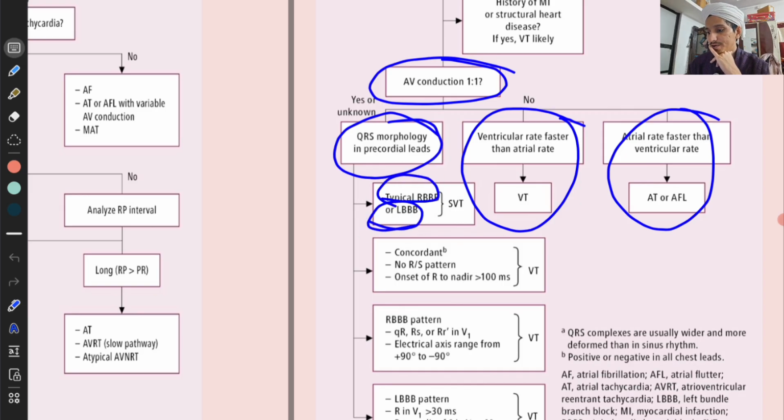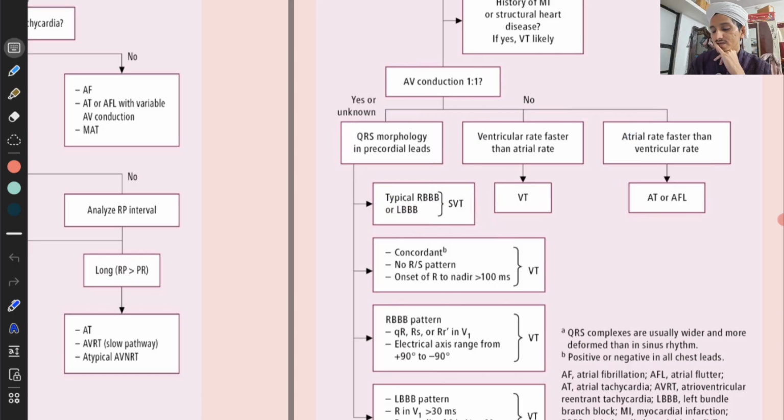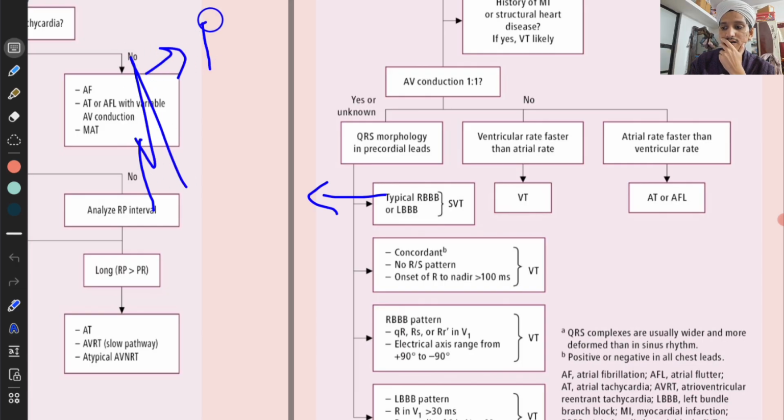What is the typical RBBB pattern? We have learned it in the previous video. In the typical RBBB pattern you will have the rabbit ear, and the right point of the rabbit ear will be tall.